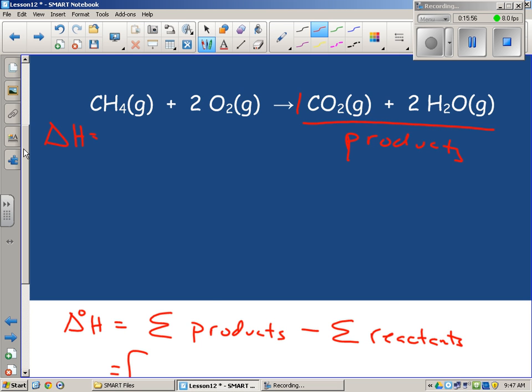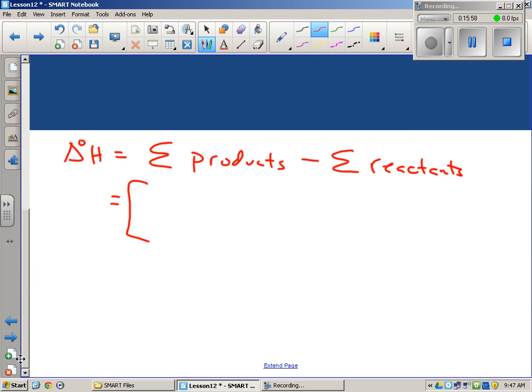So, data booklets, get them out. Down here, I'm going to take 1 times. And in fact, just for this first one, guys, I'm just going to put the carbon dioxide gas above there, just so you have a little reference for yourselves. Let's find carbon dioxide gas. What is it here? Negative 393.5.